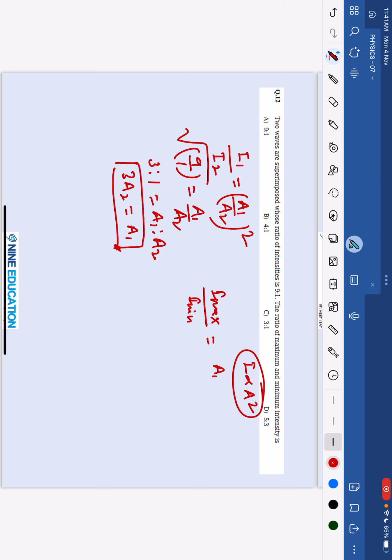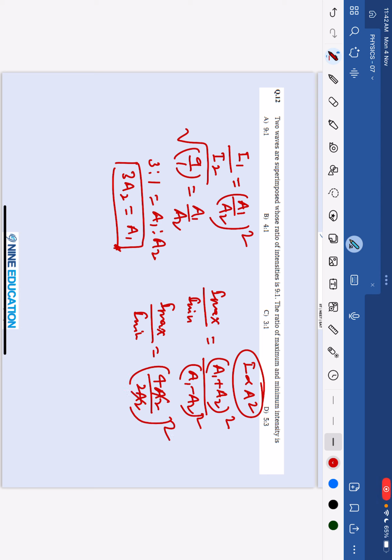I max by I minimum would be (A1 plus A2) whole square by (A1 minus A2) whole square, correct? A1 is 3A2, so 3A2 plus A2 is 4A2, by 3A2 minus A2, which is 2A2, and this will be squared. So 2 square is 4. So I max to I minimum is going to become 4 is to 1. So that will be my B option.